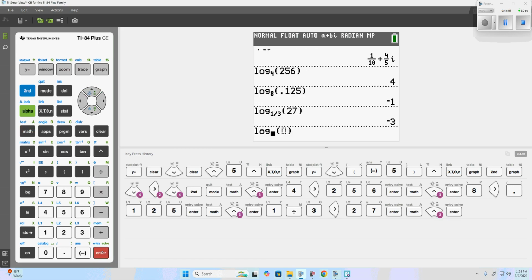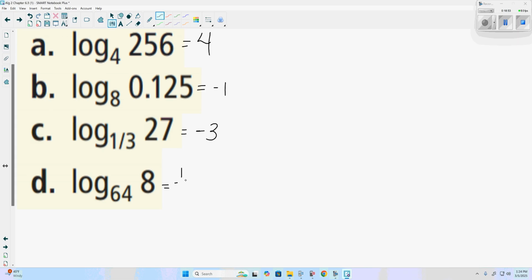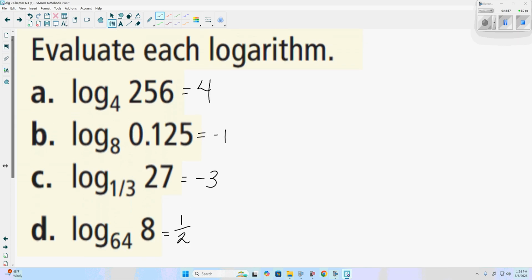Log base 4 of... is 1/2. Questions on this here? Questions on anything we've done so far?